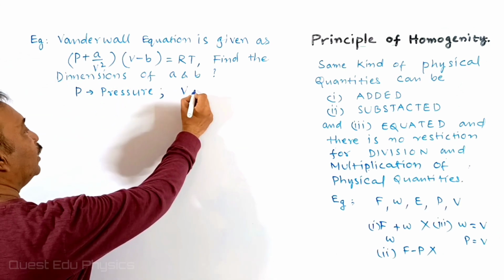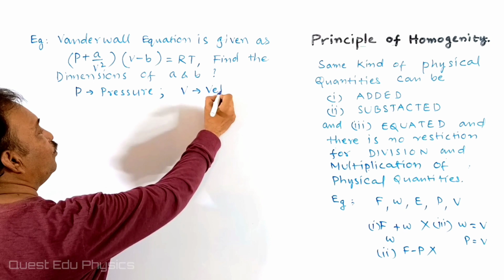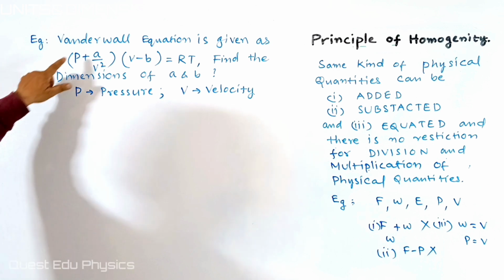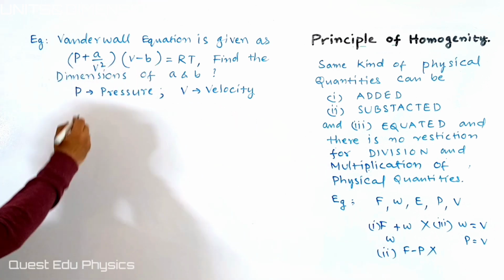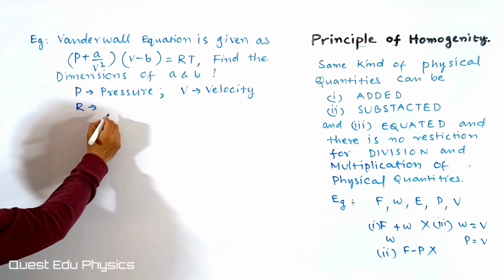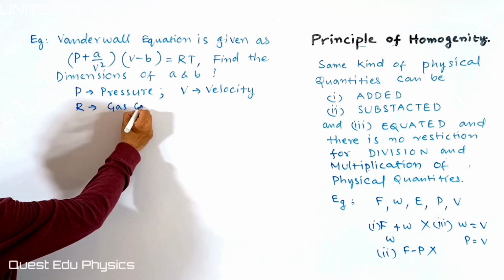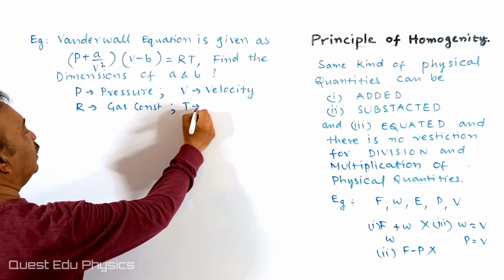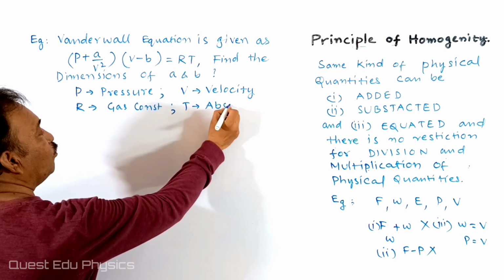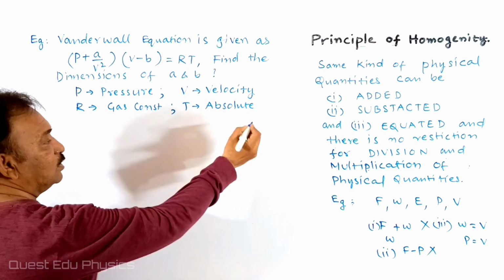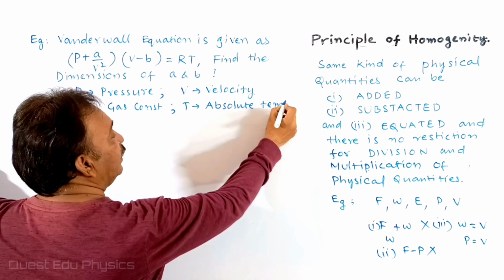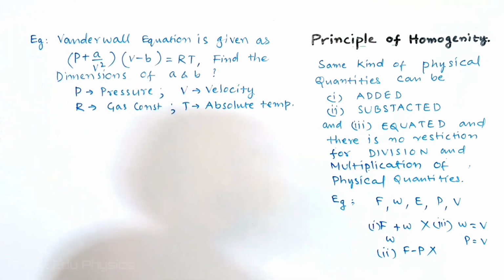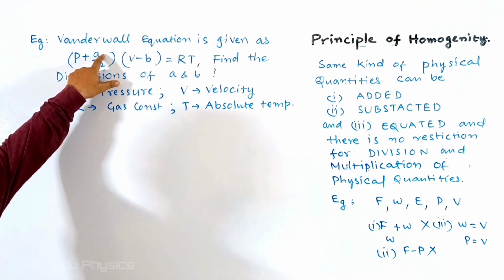Don't mistake it for velocity, as we generally do. R is the gas constant, and T is absolute temperature. These are the physical quantities involved in the van der Waals equation, and we are asked to find the dimensions of A and B.